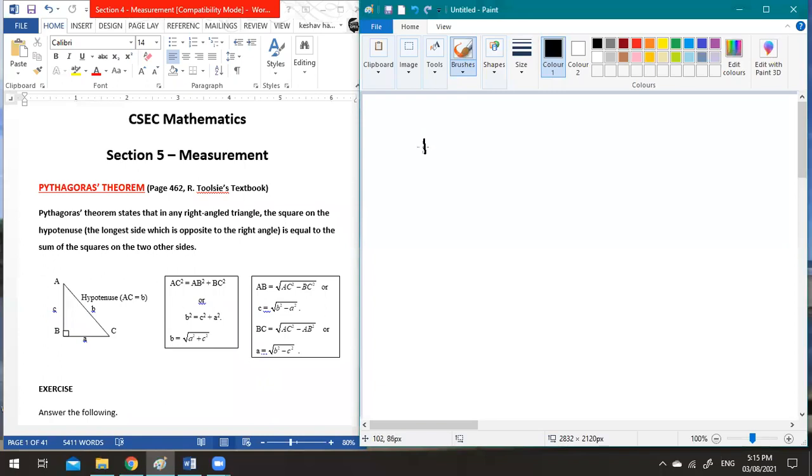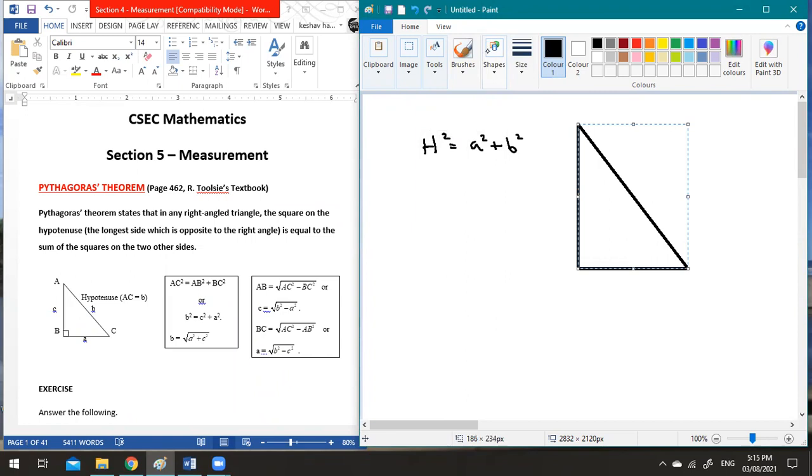Now from the formula, we could rearrange it. So again, if you have a triangle, and this is your right angle, and this is the hypotenuse, call this A, call this B. What if they give us the length of the hypotenuse, let's say 15 meters, and they give us side A, which is 12 meters, and they ask us to find side B?